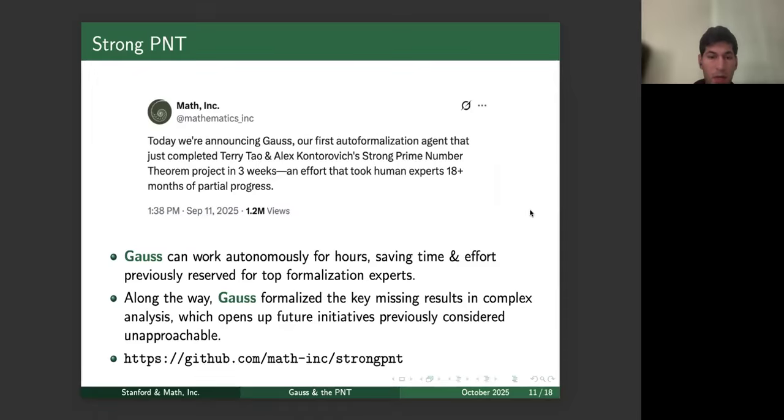In that paper she really needs some results from complex analysis, which was holding up a lot of the project. Hopefully these tools can be used for other projects like that one. And if you're interested, this proof is available on GitHub in a public repository at math-inc/strongPNT.